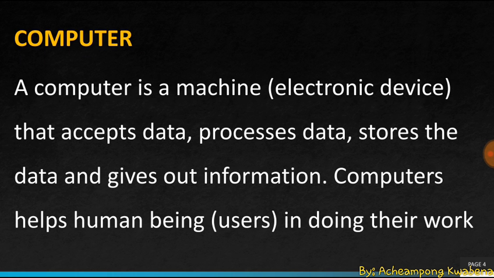And that information will be the name we typed on the keyboard. So that's how the computer works. It accepts data, that's the input, whatever we feed into the computer, processes the data, stores the data, and gives out the information for the user to either see or hear.